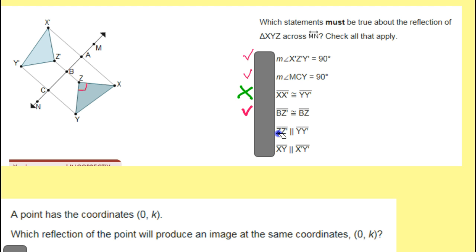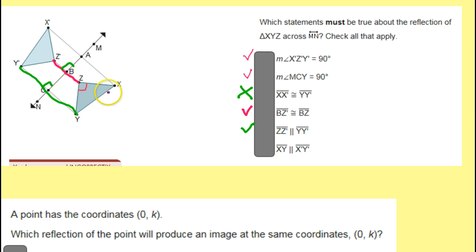Okay, what about Z prime? Let's see, so Z prime is right here, and Y prime. Well, we basically just talked about that. Oh, actually, they're not saying congruent. Now they're asking, are they parallel? That's what this symbol means. And yes, they're going to be parallel. These segments connecting the image and the pre-image are always perpendicular.